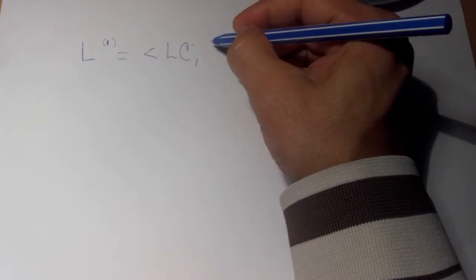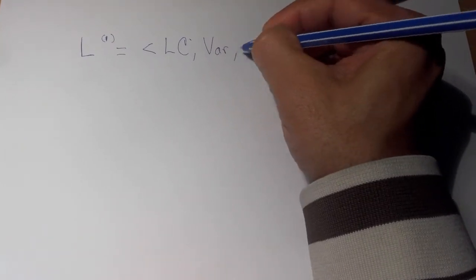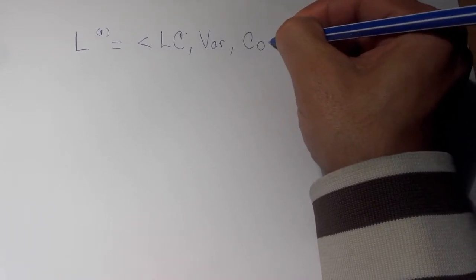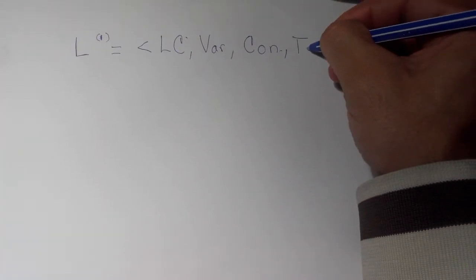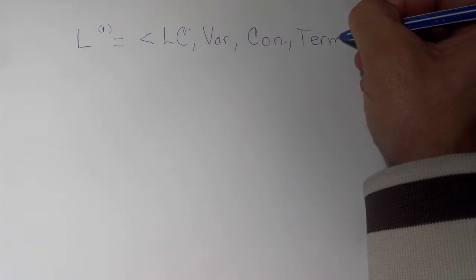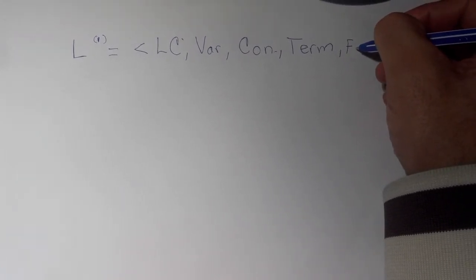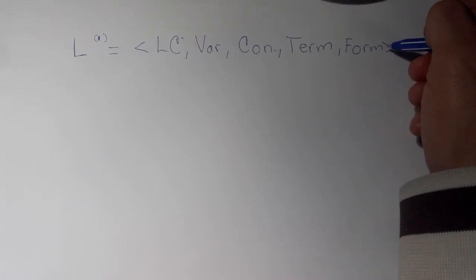Also there are variables as well. We count with the non-logical constants and with the terms. Also included are the formulas, and we close this.